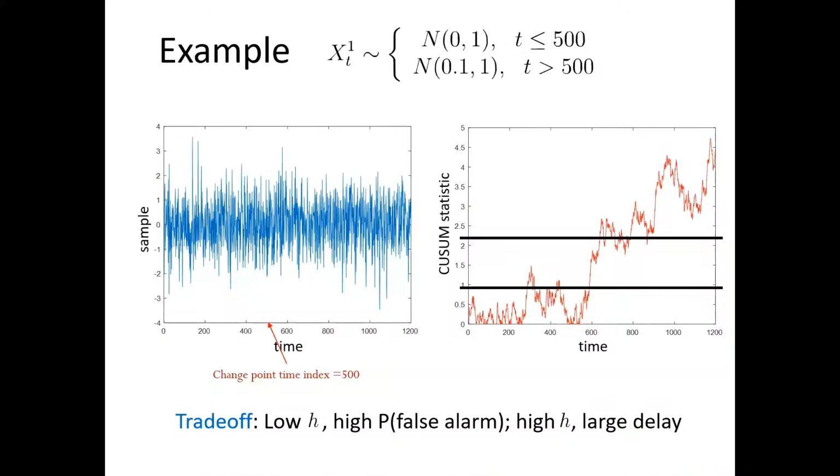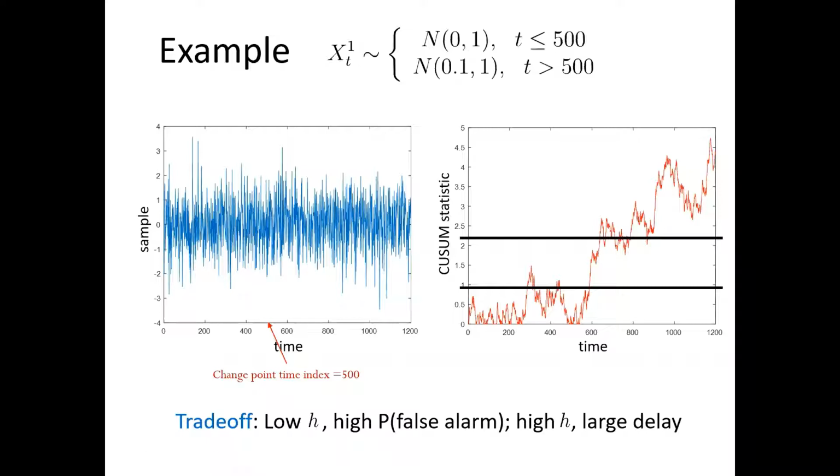Here's one example. In this example, I set the change point to be 500. Before that, my samples are IID from a Gaussian with 0 mean and variance 1. After that, my samples are from a Gaussian with mean 0.1 and variance 1. You can see from this figure that it is hard to tell where the change happens.